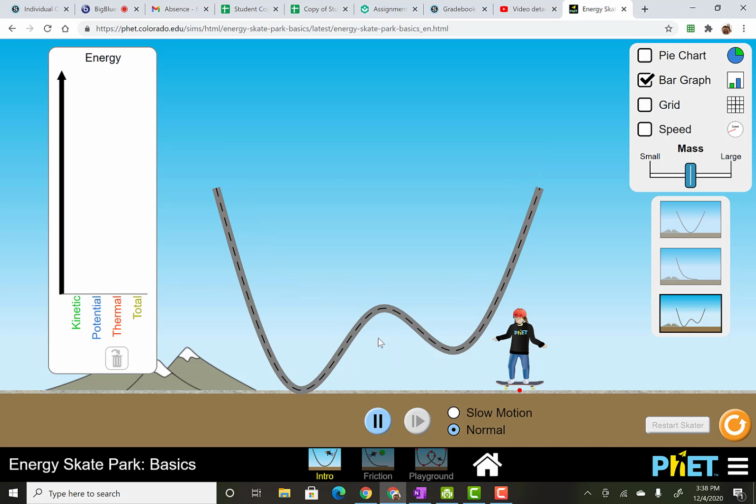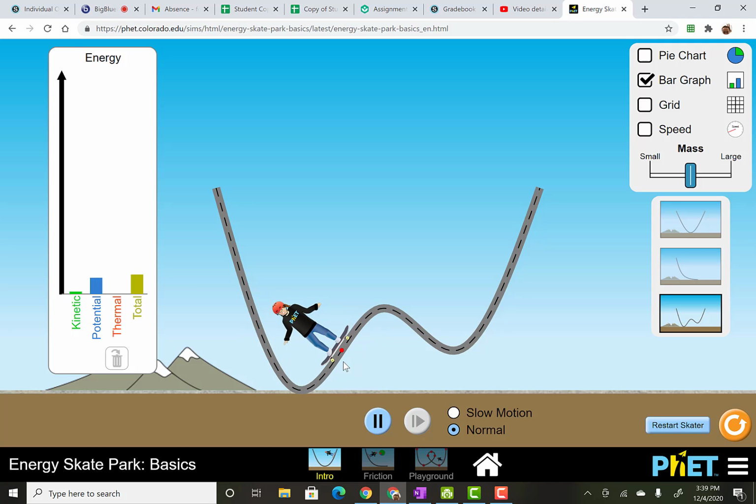Let's look at something more complex. What about something like this? Here's the amount of potential energy you can have, and then the position is along the horizontal right there. But for example, if I set her down here, well then you got a small amount of energy, so she can really just oscillate in this potential energy well right here. It's just going to go back and forth. She's not going to be able to go into this area right here because there's too much energy required to make it over here.